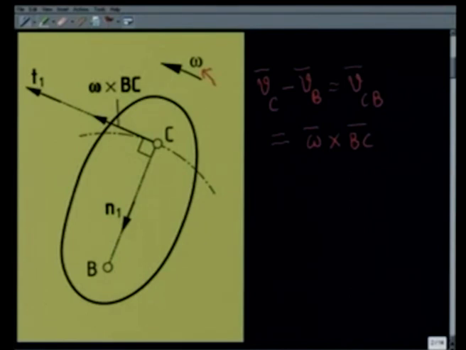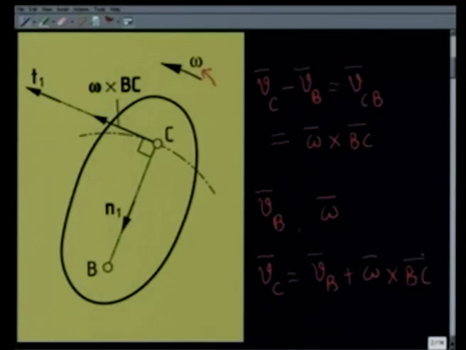At this stage, we should note that if we know the velocity of any point, say namely Vb, which is a 2-dimensional vector, that is 2 components of Vb, and the vector omega, that is the angular velocity of the rigid body, then I can determine the velocity of any other point, namely C, using this relation, that is velocity of any other point C, Vc, can be obtained from Vb plus omega cross BC.